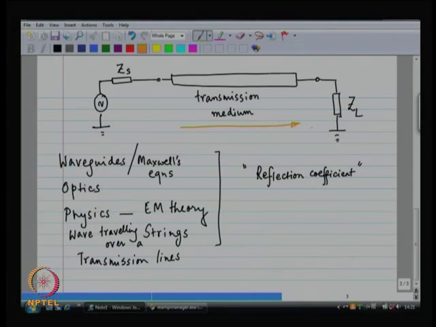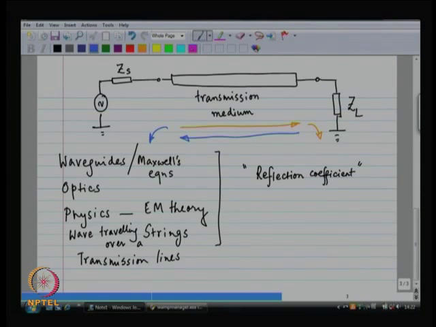A portion of this wave gets absorbed in the receiver, a portion of the wave is reflected back. And then the portion that is reflected back comes all the way back to the source, and now it hits the source impedance ZS, and when it hits the source impedance, a portion of this wave gets absorbed by the source impedance and a portion of it gets reflected back even further.